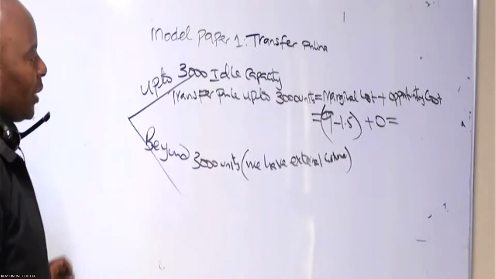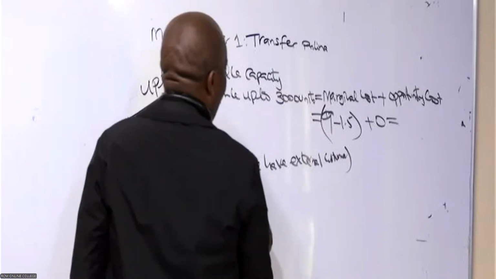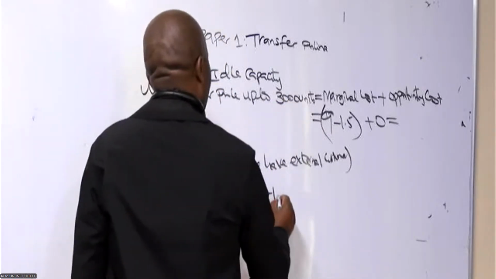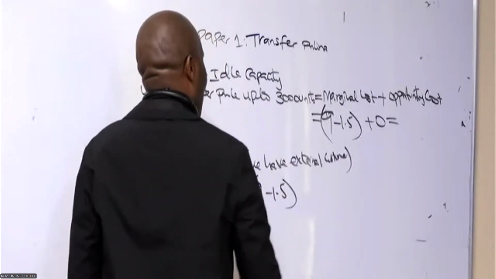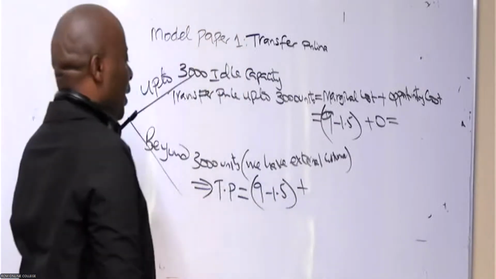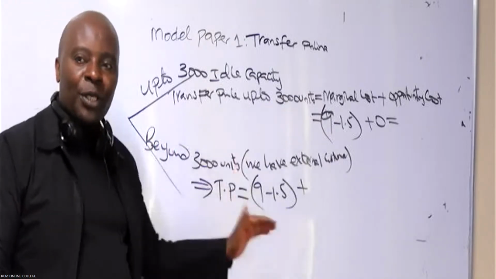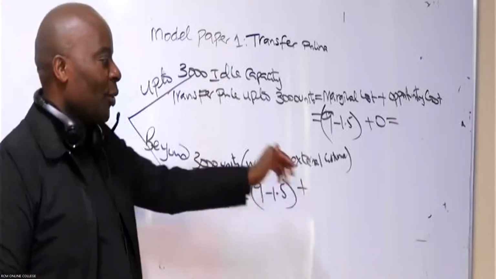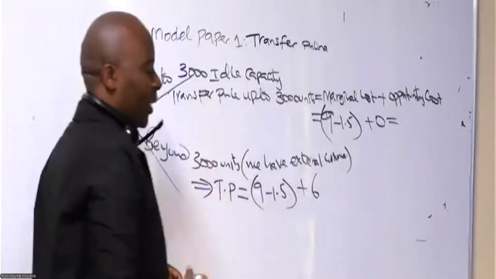Then the transfer price will be the marginal cost, 9 minus 1.5, because you are transferring these things internally. But now we shall be able to snatch goods from external customers to sell internally, so we shall lose how much? Do you remember the 6 we are losing? They have forgotten the 6.